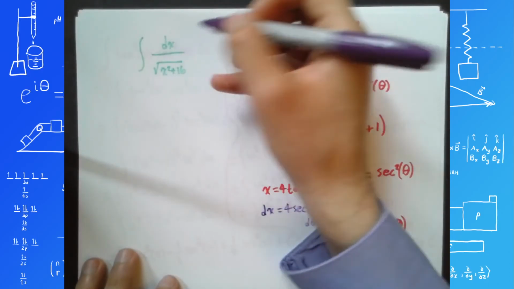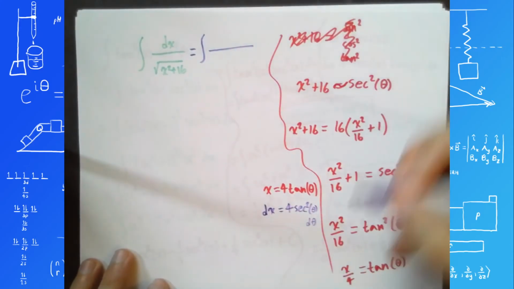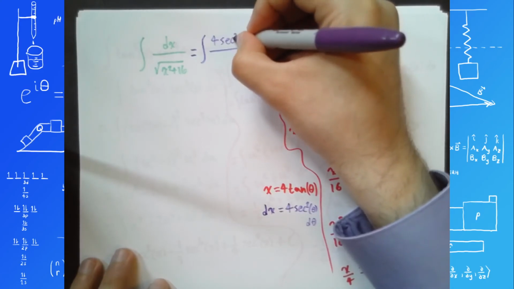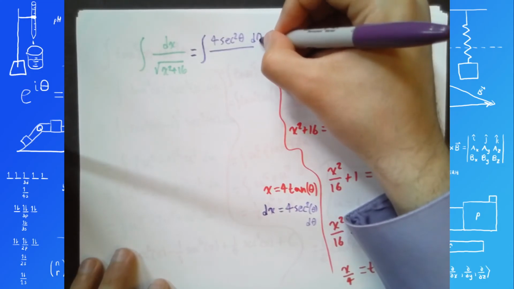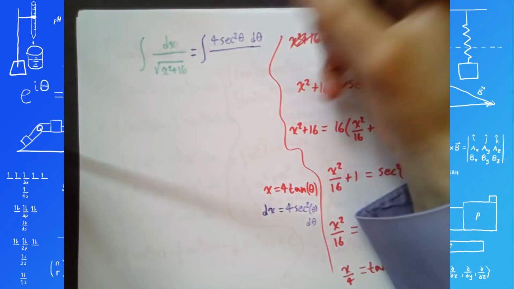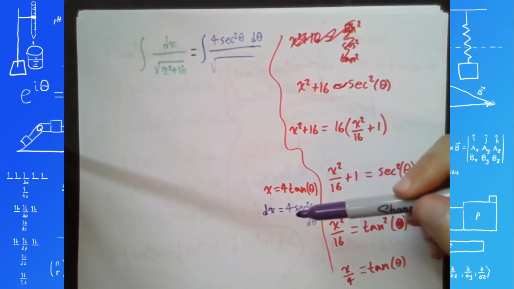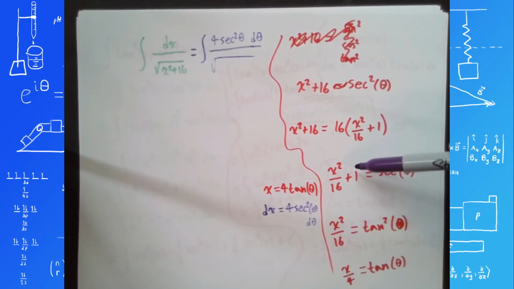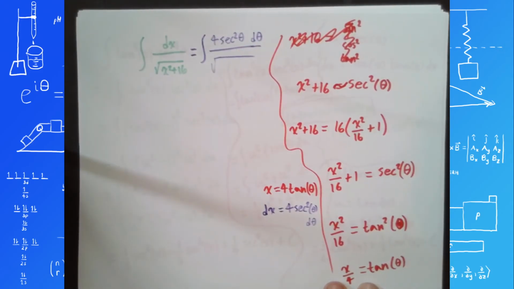So our integral becomes the integral of 4 secant squared theta d theta over the square root of x squared plus 16. Well, our choice of x equals 4 tan theta was designed such that the square root of x squared plus 16 would turn into what?